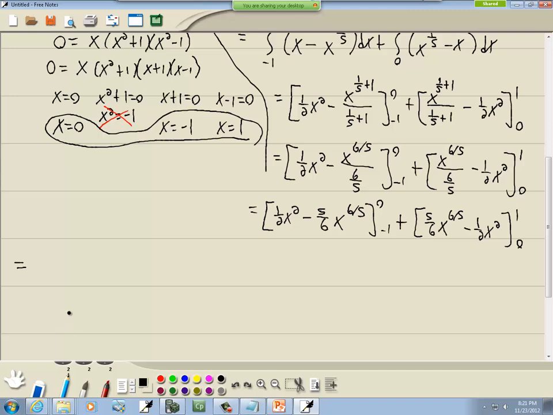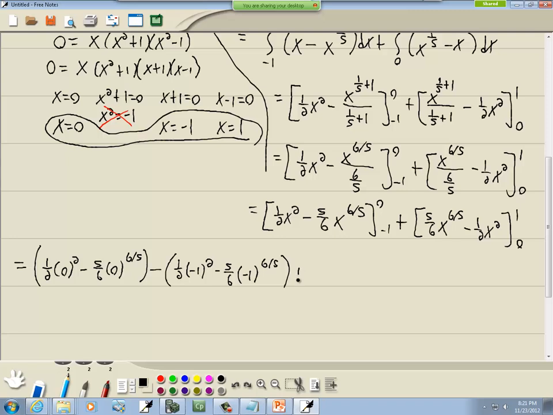Well, now we're ready to plug in our numbers. Even though zeros don't amount to anything, I'm going to go ahead and put them in here just so you see it. So we got 1/2 times 0 squared minus 5/6 times 0 to the 6/5, minus, then we'll plug in -1. So we got 1/2 times -1 squared minus 5/6 times -1 to the 6/5 power.